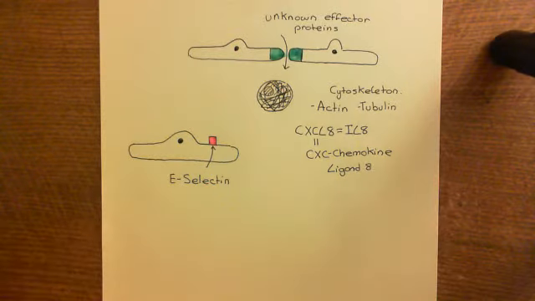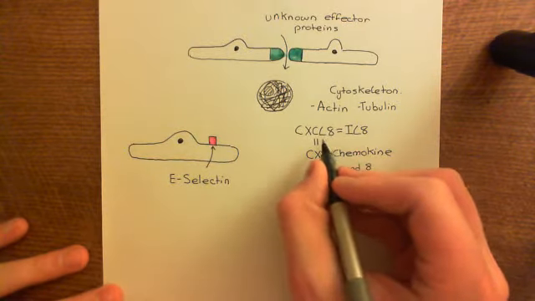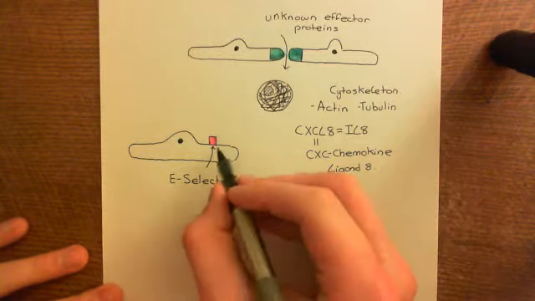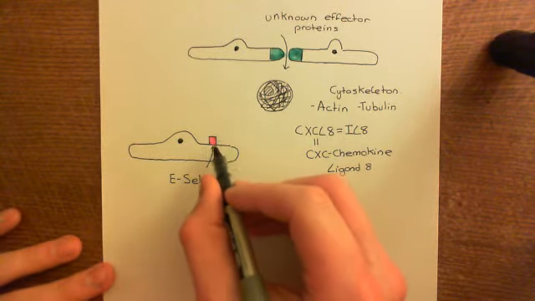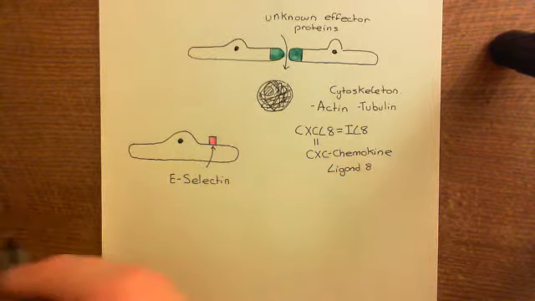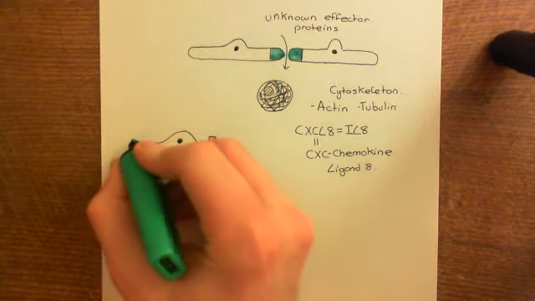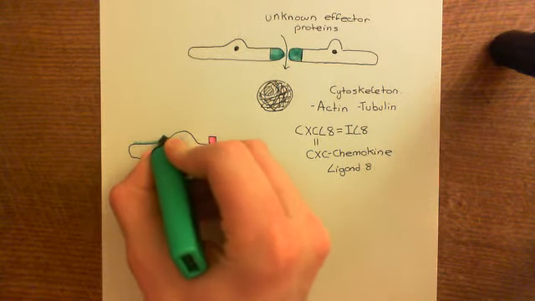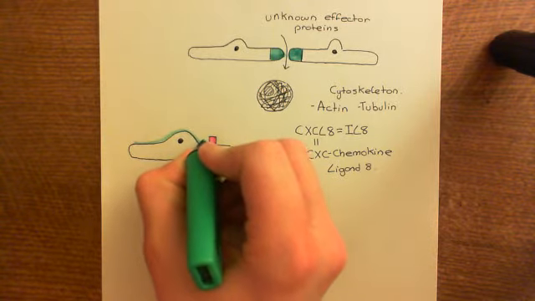Okay, right. So, basically, the CXCL8 is going to bind to polysaccharides which are on the surface of the endothelial cell. So on the surface of the endothelial cell, you have heparan sulfate proteoglycans, which are massive, great polysaccharides which are attached to proteins in the cell membrane.